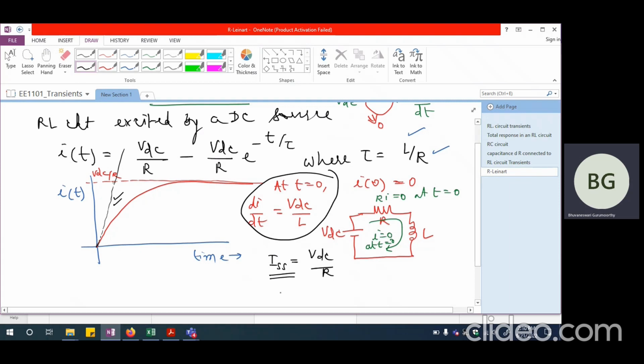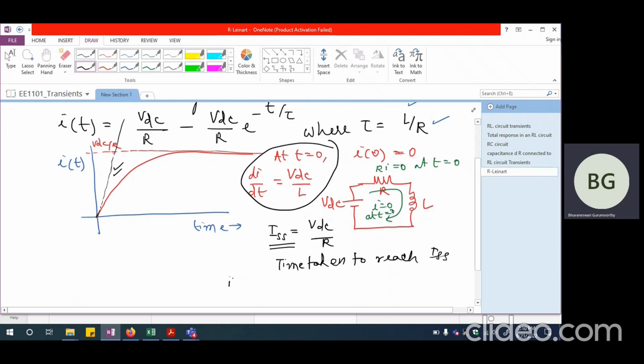I can calculate the time taken to reach ISS if the initial di by dt is maintained.